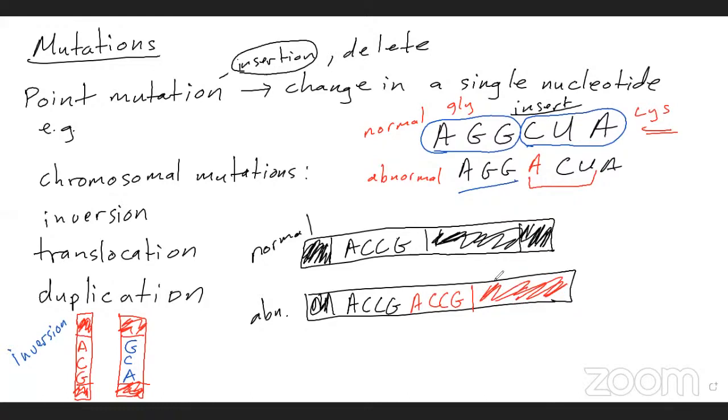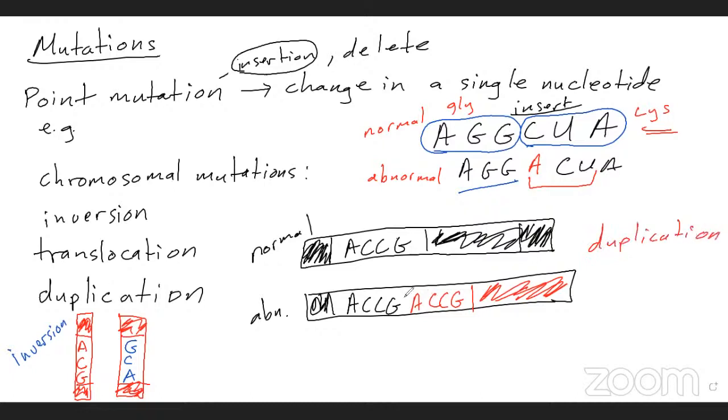Anybody have an idea what translocation means? Sir, like one of the letters that is supposed to be somewhere fixed, it's going to be somewhere else. Right. So we move it and attach it somewhere else. So what we did was duplication.